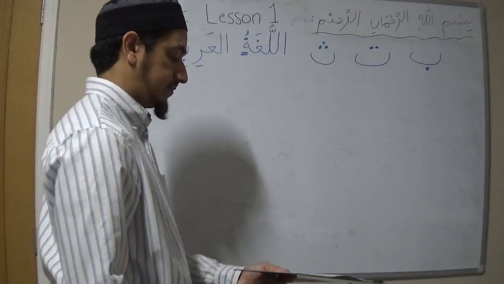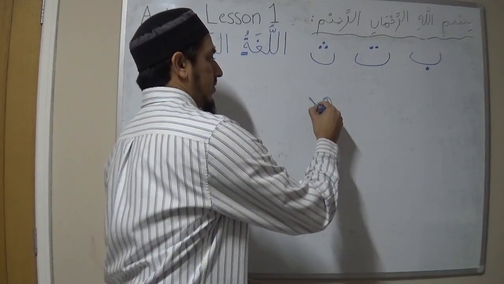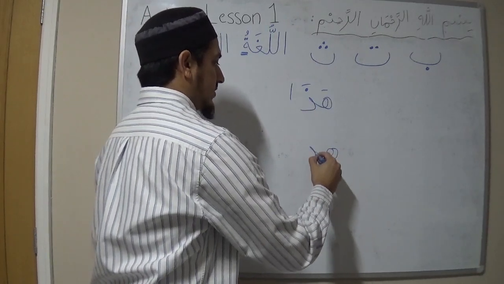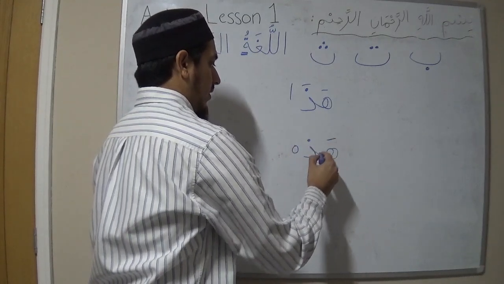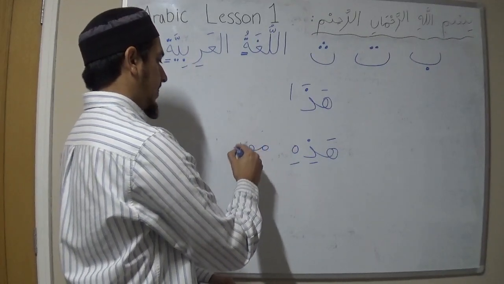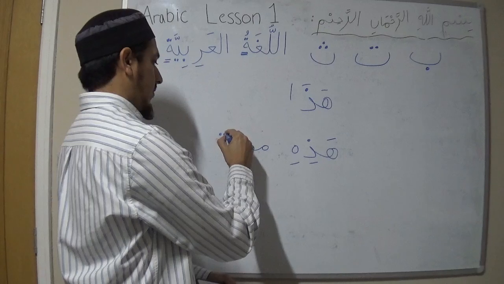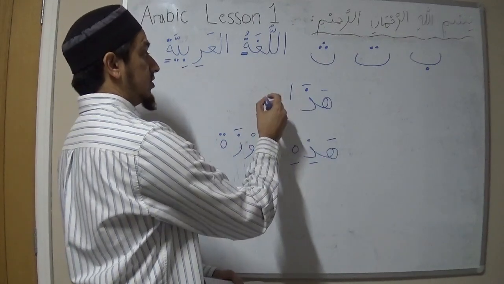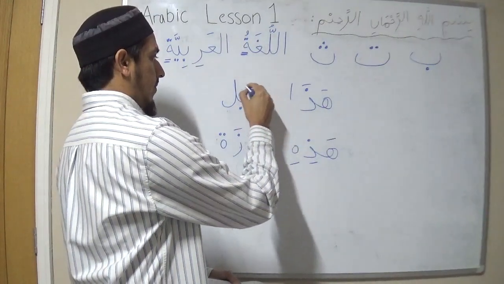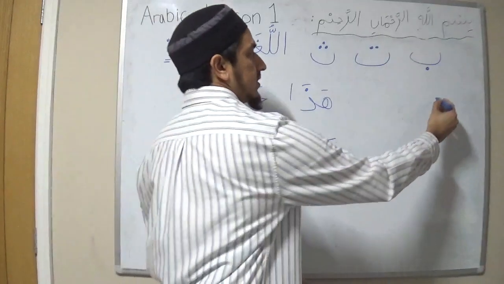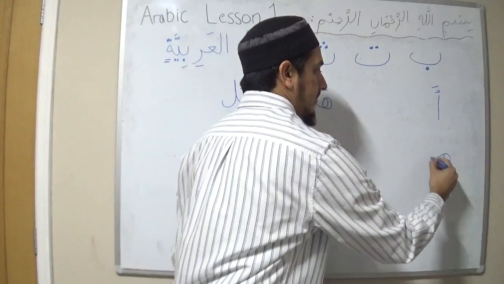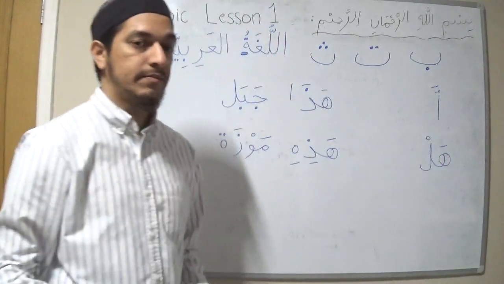So if I say هذه موزة, this is a banana, or هذا جبل, we said this is a mountain, we can use two words, أ or هل. These are both question types.